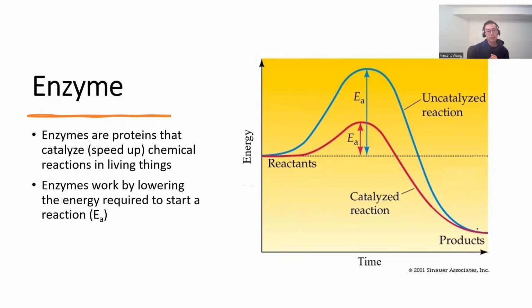Okay? The reason for that is because reactions, in order for them to happen, you actually need to supply some energy. And usually that energy is too much. Your body is not going to be able to afford that kind of energy. Okay, so that energy that needs to be supplied, we call that EA right here.